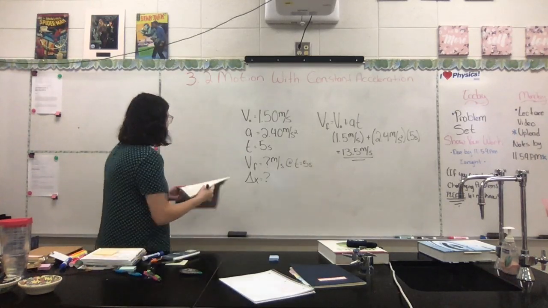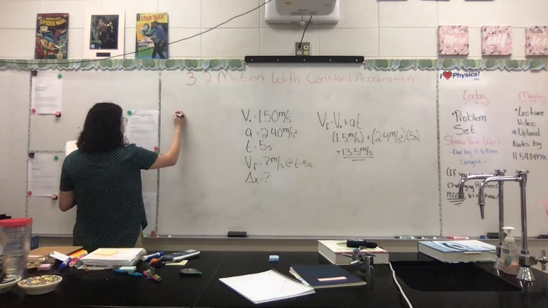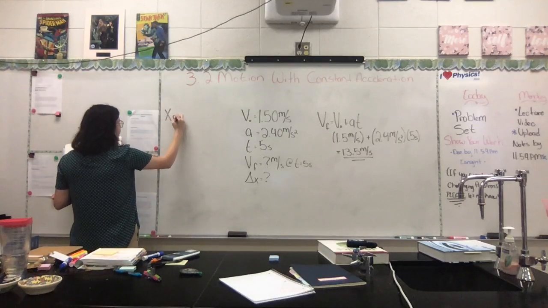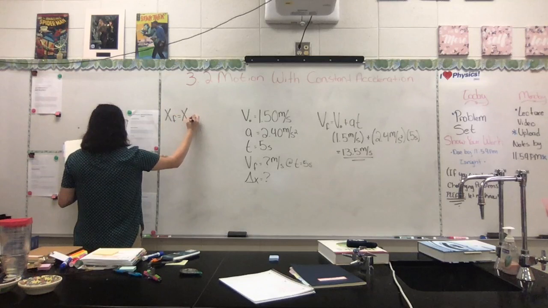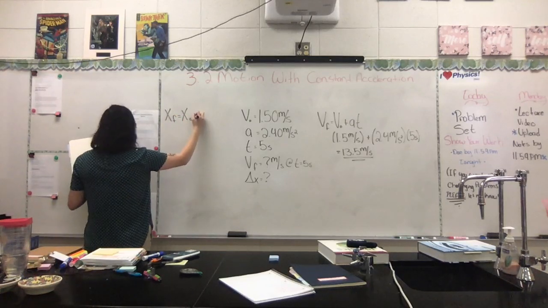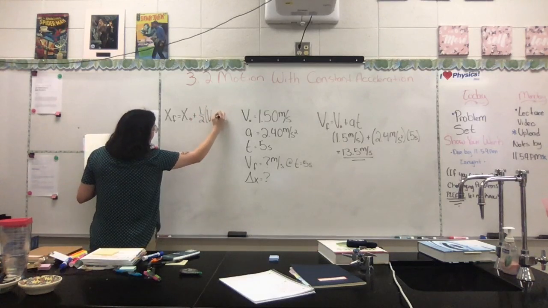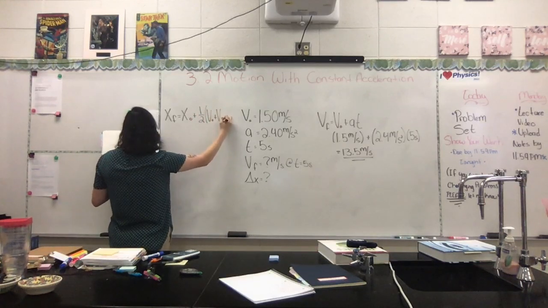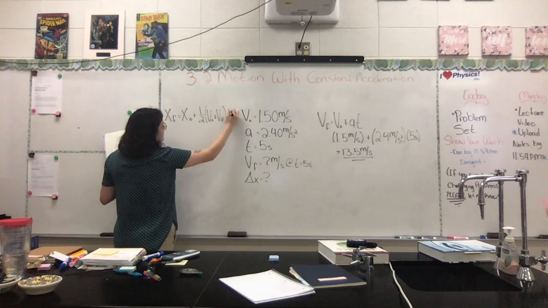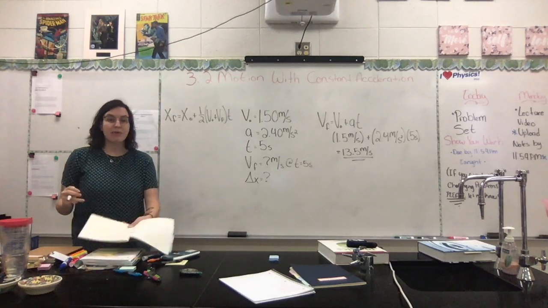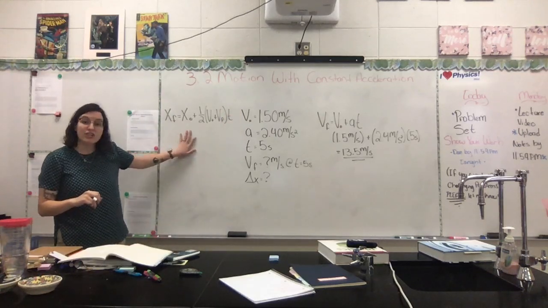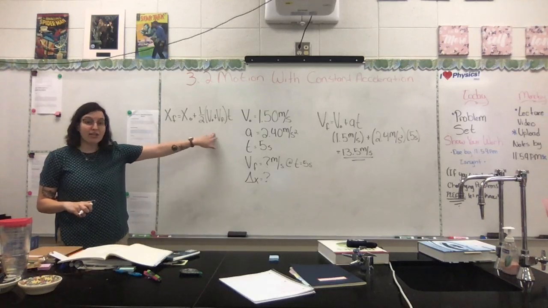We are going to use that final position is equal to initial position plus 1/2 V naught plus VF times T, okay? Remember, that's how we just rearranged the equation of motion to use an average velocity.